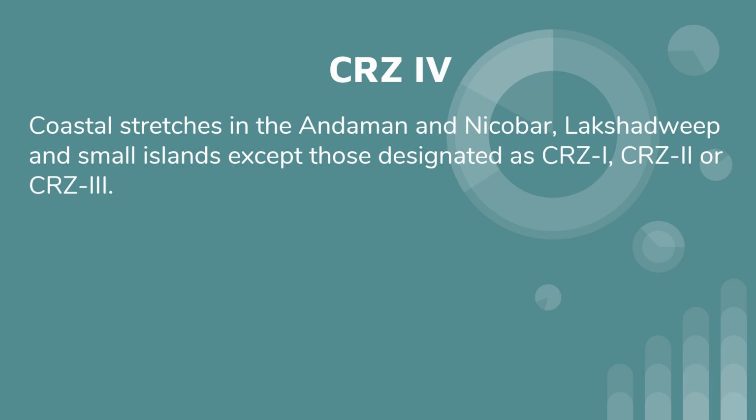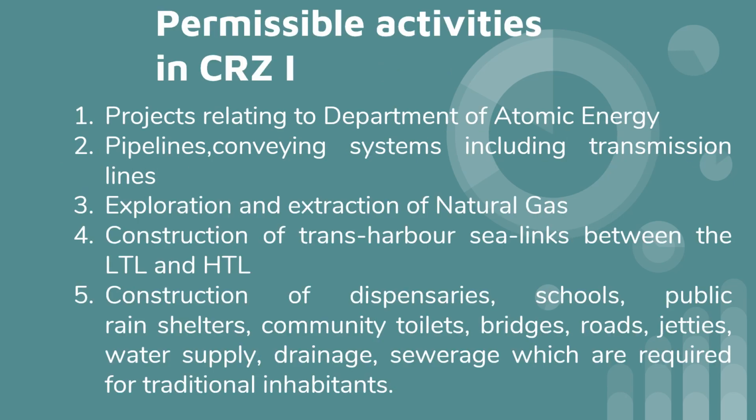So these are the areas which fall under the 4 categories, and we have come to know what these classifications are based on and what the areas are which fall under CRZ 1, 2, 3 and 4. And moving on, next we look at the permissible activities in CRZ 1.